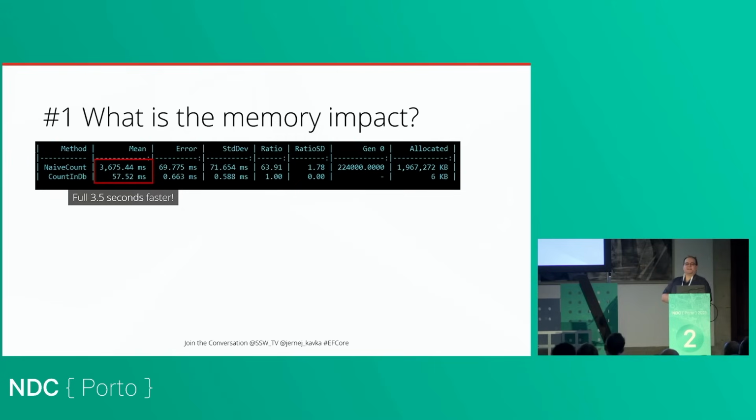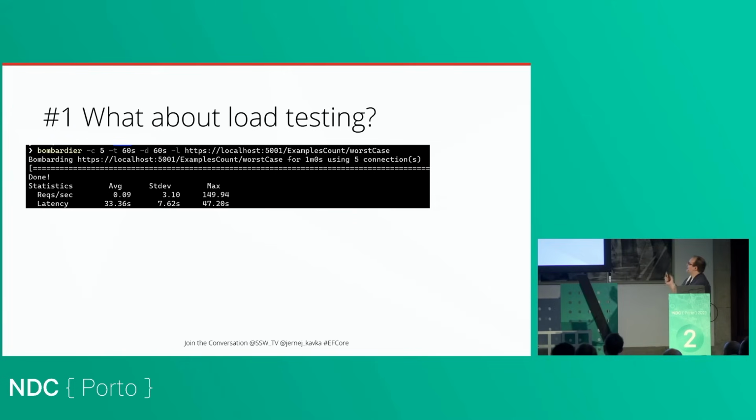And if your manager says, well, users can wait 3.5 seconds, this is why we have load tests. Because this is a very small load. But under very small load, those 3.5 seconds now become 33 seconds with the same data. We just put a little load on it.